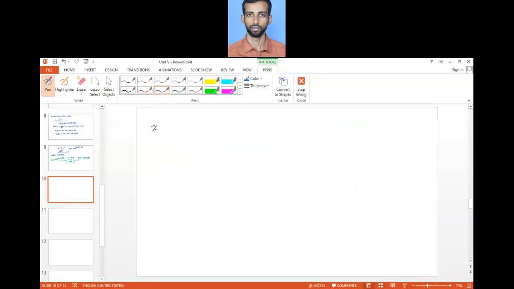So this x of t is given by A naught e to the power j(omega naught t plus phi naught). So that we can represent like A naught cos(omega naught t plus phi naught) plus j times A naught sin(omega naught t plus phi naught).